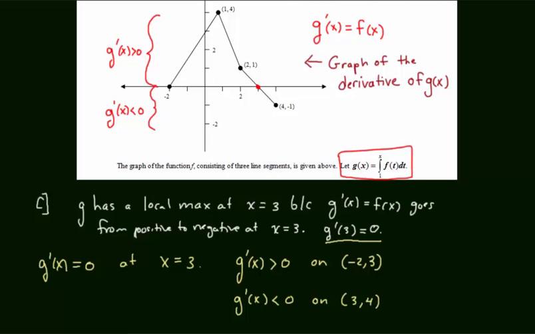It means that g is increasing on -2 to 3. It also means that g is decreasing on the interval 3 to 4.